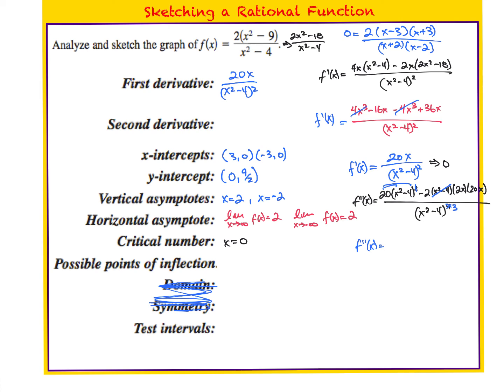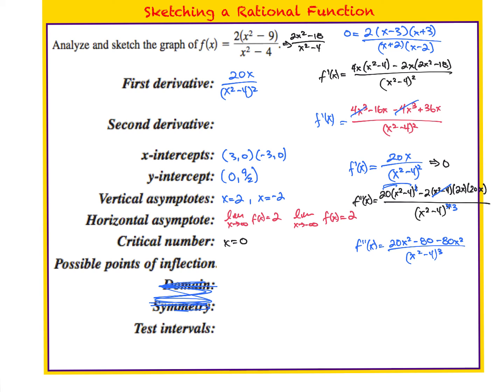Distribute my 20, so I get 20x squared minus 80. And then I have a negative 2, a 2x, and a 20x. So what does that become? Negative 80x squared. All over x squared minus 4 cubed.